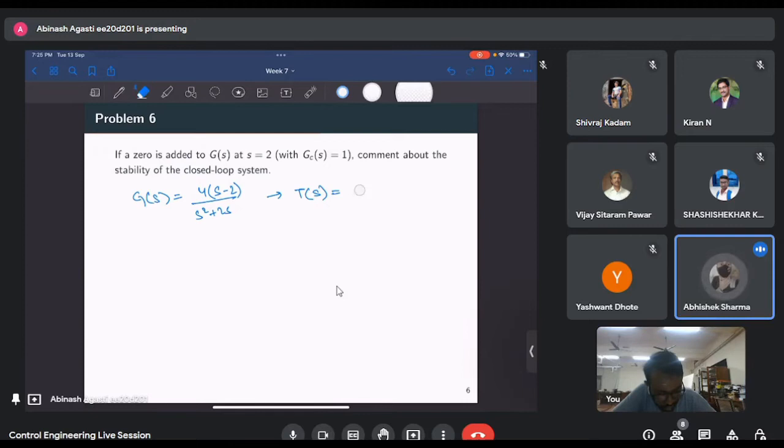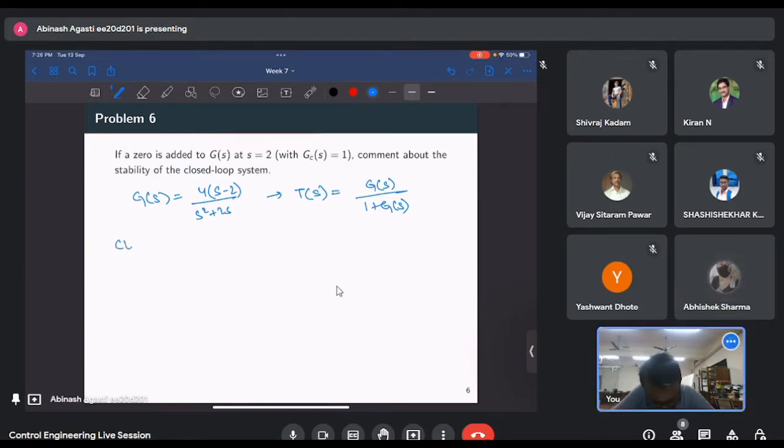Okay, yeah, we can do that. 1 plus gs, let's find out. 1 plus gs equal to s square plus 2s plus 4s minus 8.